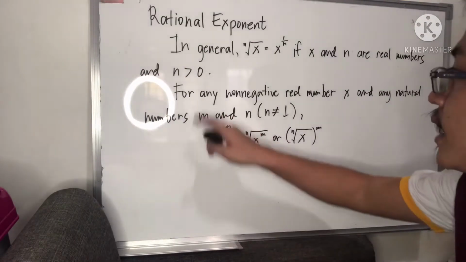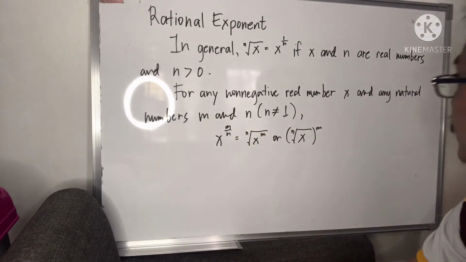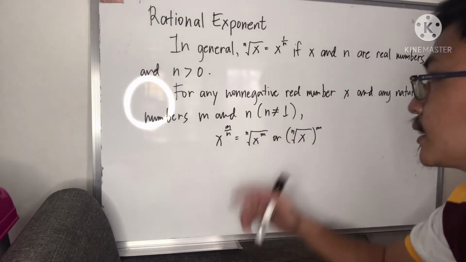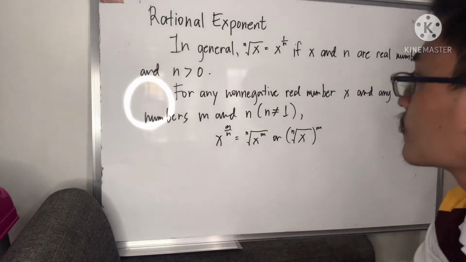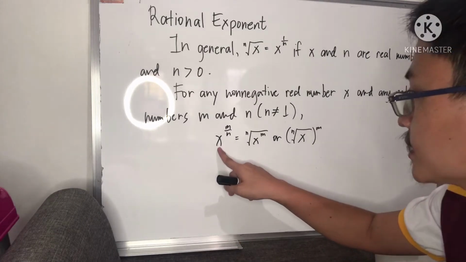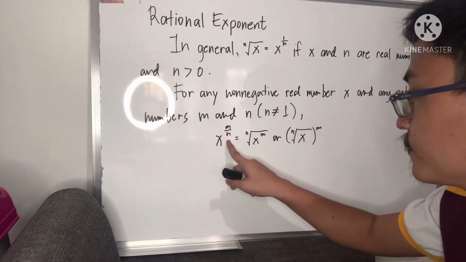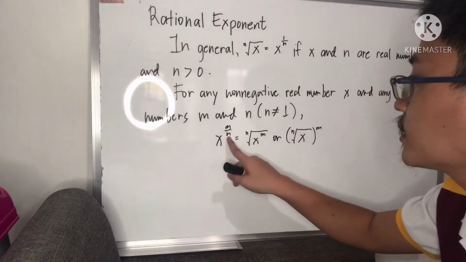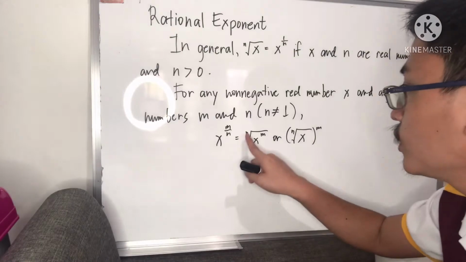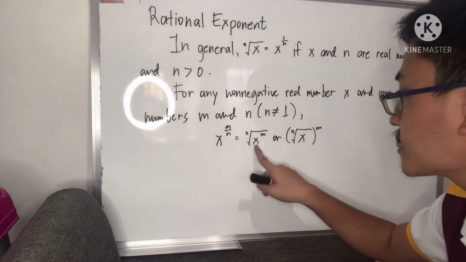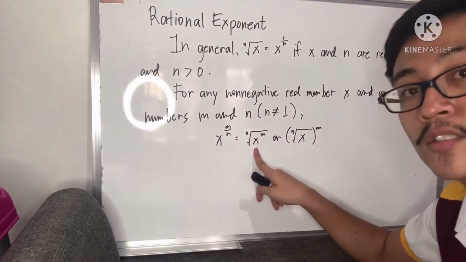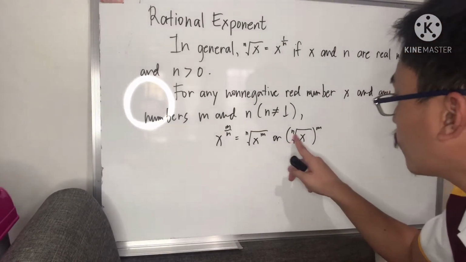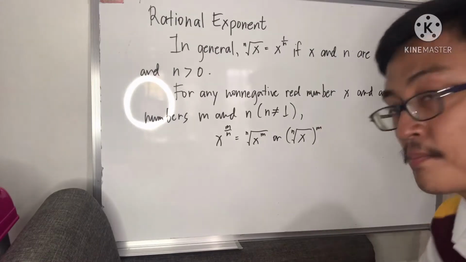And then, for any non-negative real number x and any natural numbers m and n, where n is not equal to 1, x raised to m over n, ito yung rational exponent, is equal to the nth root of x raised to m, which is yung radical niya, or the nth root of x quantity raised to m.